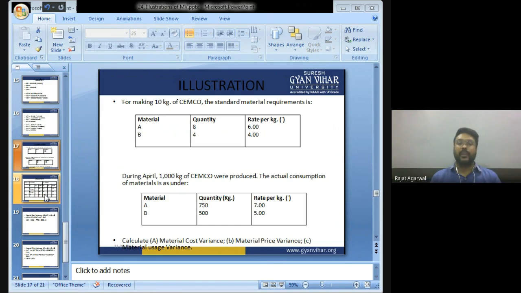You have to calculate material cost variance, material price variance and material usage variance.